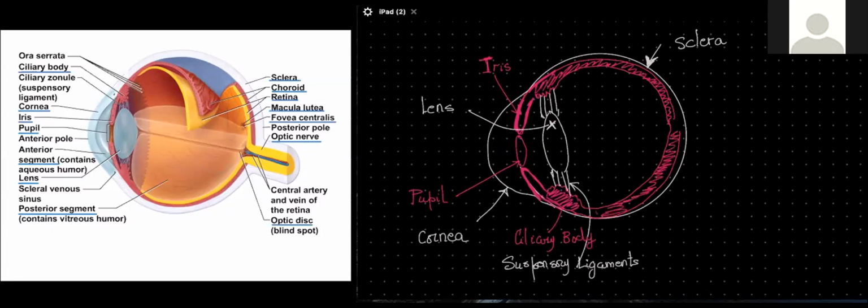What choroid did you hear about just before the break? Did you hear the word choroid before? Choroid plexus. Do you remember what was the choroid plexus?